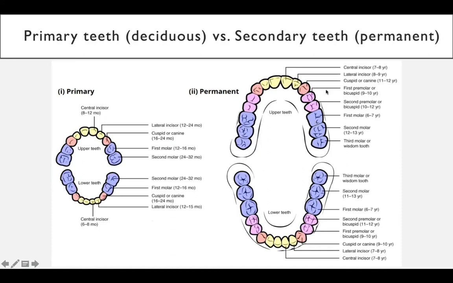Oh, so these teeth are color coded according to the type of teeth, so that you remember the central incisors come first, and here also they come first. So the first molar is known as first not only because it's in the first position, but it also comes first.